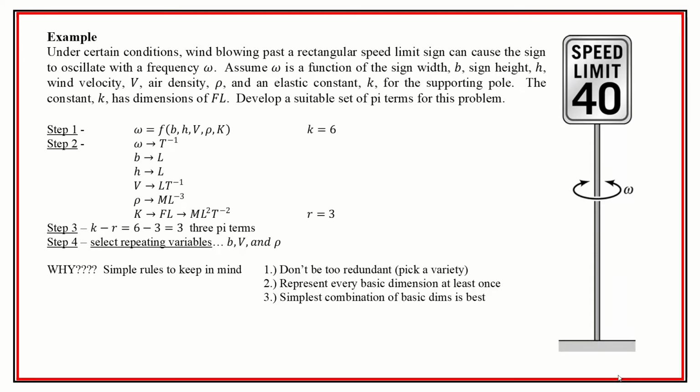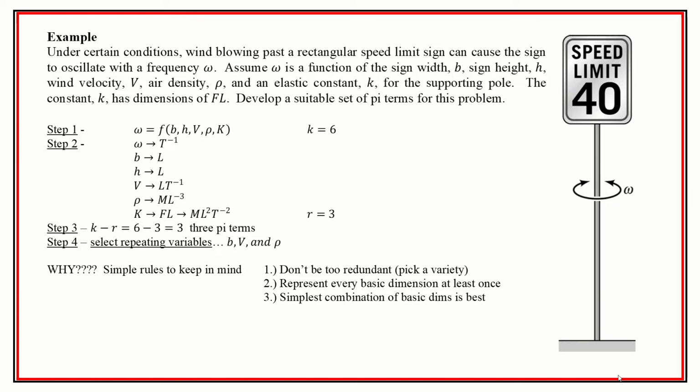Now, the elastic constant K has the dimensions F times L, which seems strange to me. I would have thought that it would have been F divided by L. That's usually what we have for a spring constant, but they say to use FL. All right, so whatever. I guess we'll just do what they tell us. Develop a suitable set of pi terms for this problem.